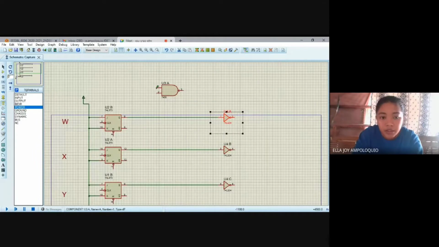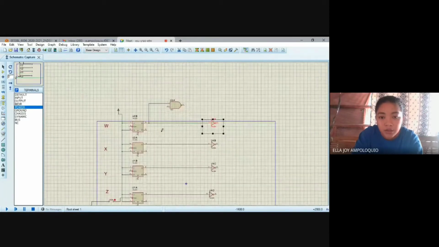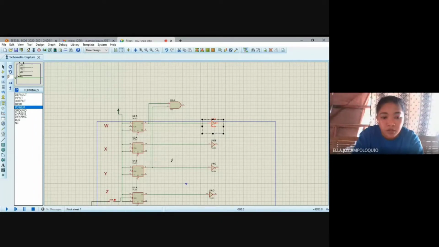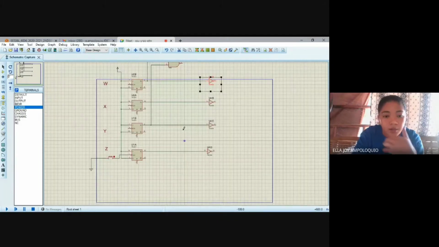So this AND gate will be connected here, and after that, this will be connected here.